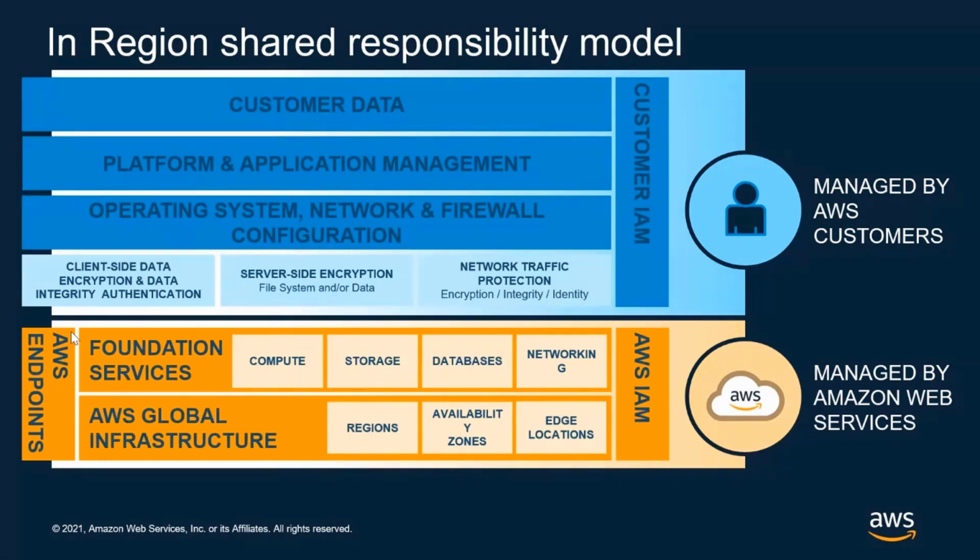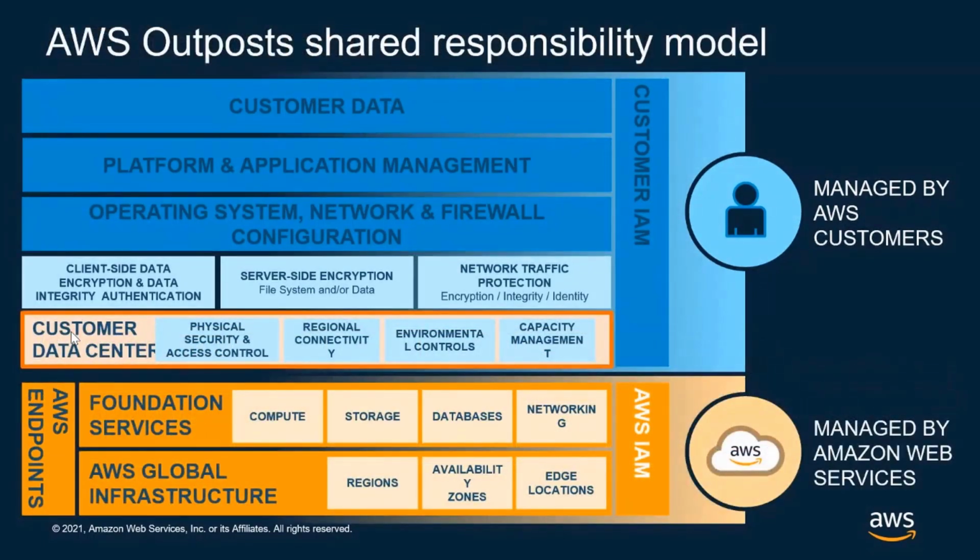I mentioned that Outpost is like an extension of a region, but one of the key differences is that we're taking AWS infrastructure and installing it in your data center. So essentially, that does push some of the capabilities up into your sphere of responsibility as well, to where you have to provide physical security and access control for the data center where Outpost is installed.